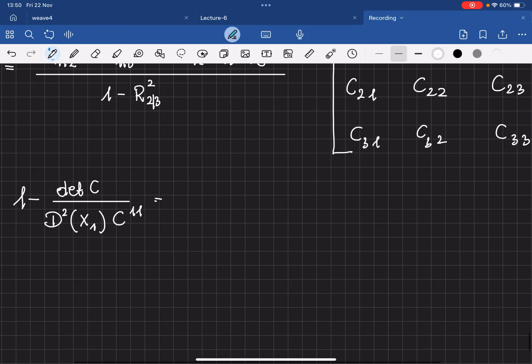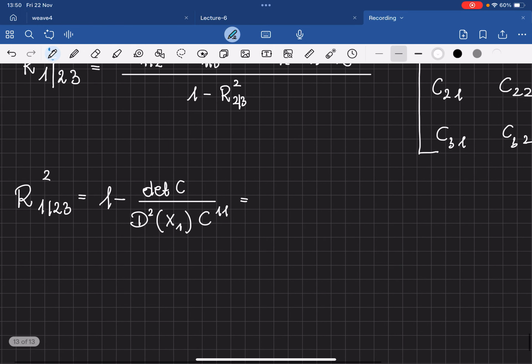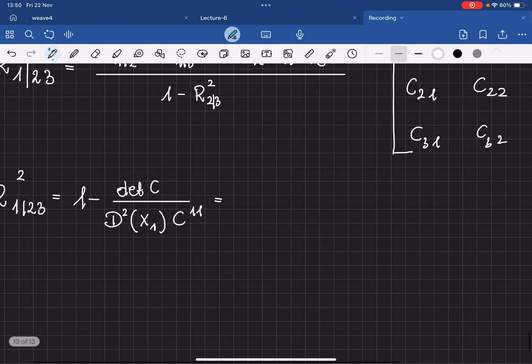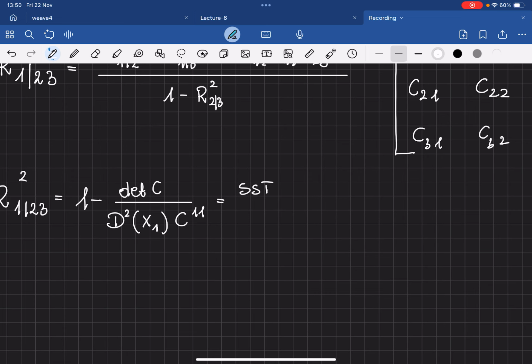I'm not really sure if in the previous recording, when I defined what this R squared is, I said that it is SST minus SSE, so total sum of squares minus error sum of squares, divided by SST. I don't know if I did write this formula. If I didn't, I write it now.